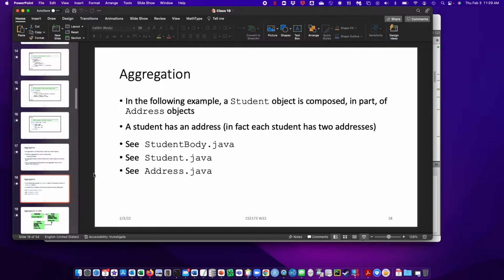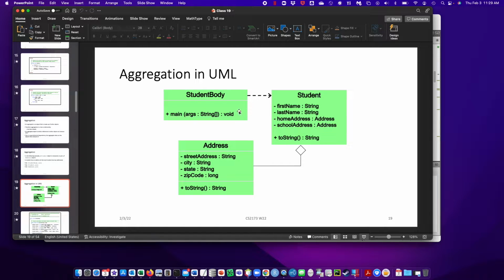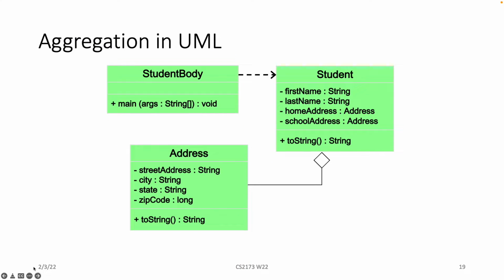Here they have a nice example, and the UML diagram is a way of describing this. The has-a relationship is represented by this little diamond here.